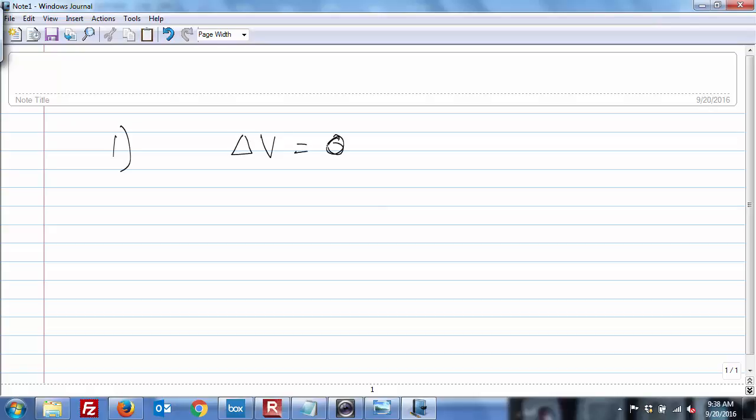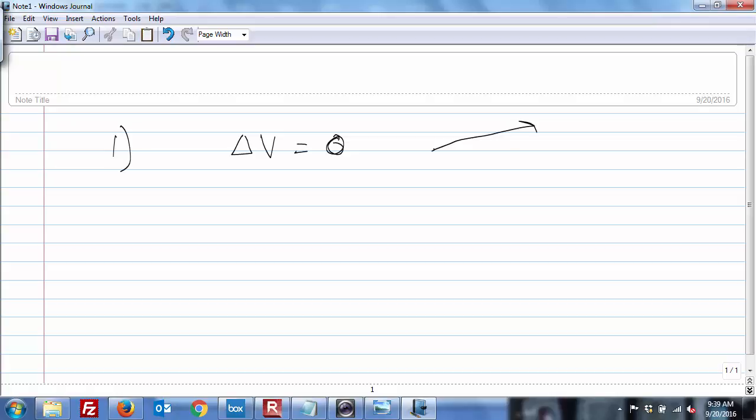So delta v equals 0. It just means that if I throw something up into outer space, it's just going to keep going on forever. In a sense, that's similar to the conservation of energy. Unless something affects that thing, it's going to maintain its energy.